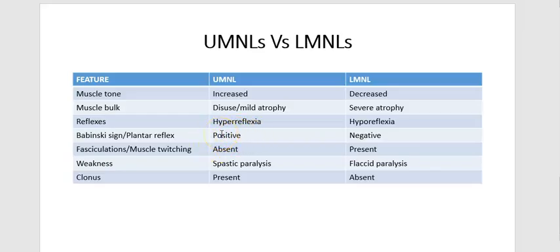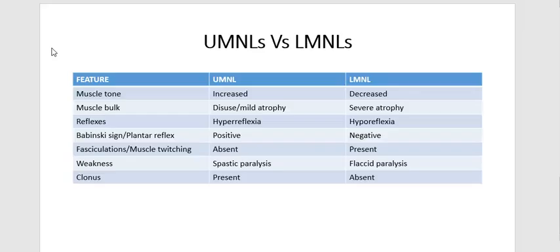Now, what is a positive Babinski sign? A positive Babinski sign is seen when there's a lesion in the corticospinal tract. All right, so this is abnormal in adults and normal in children, especially below 2 years.